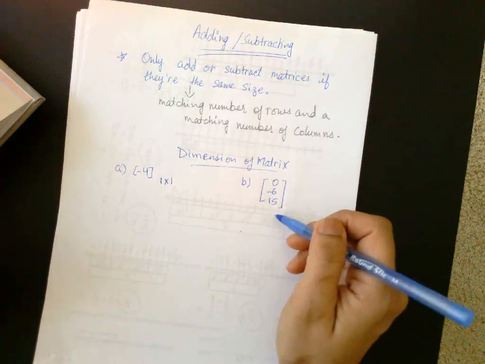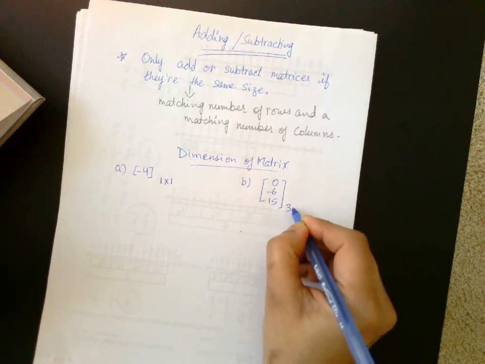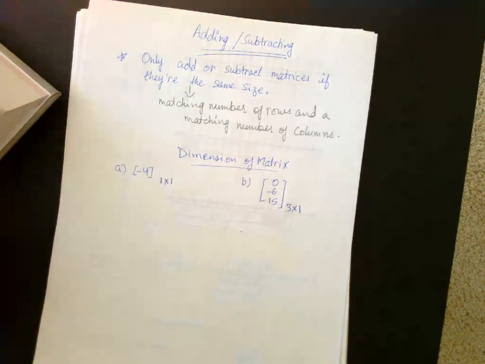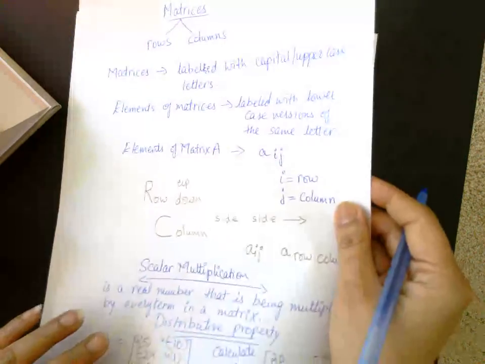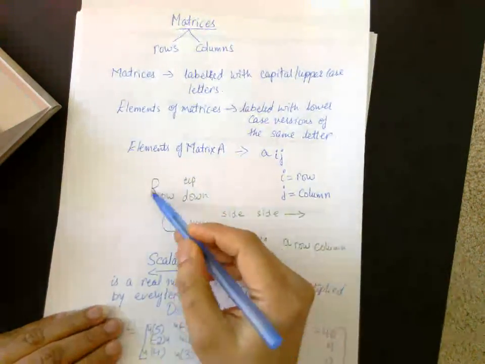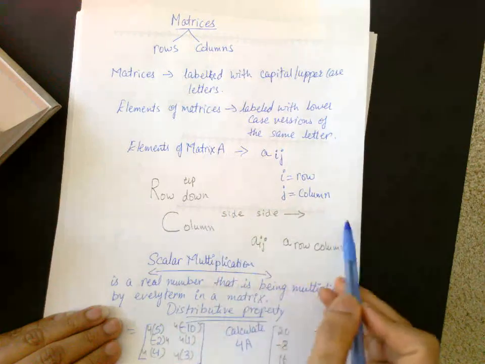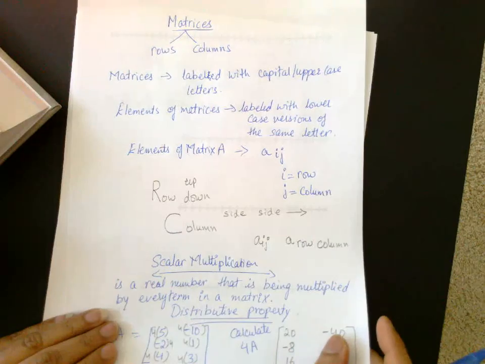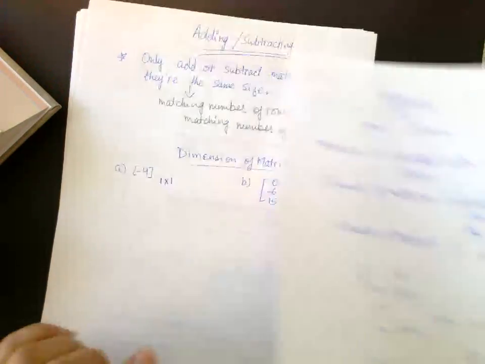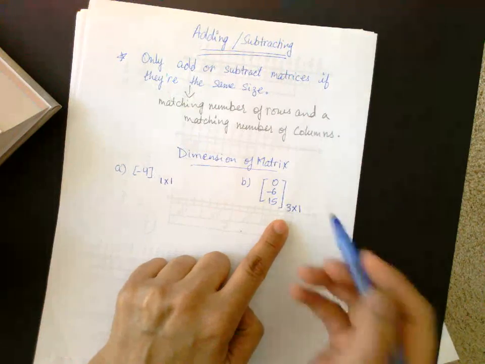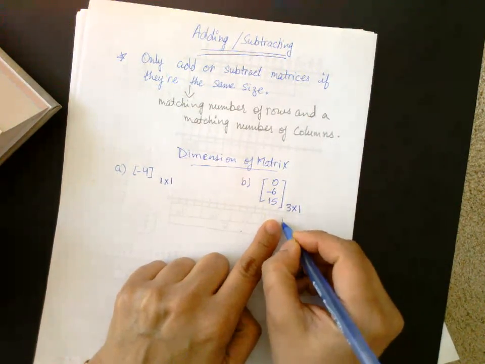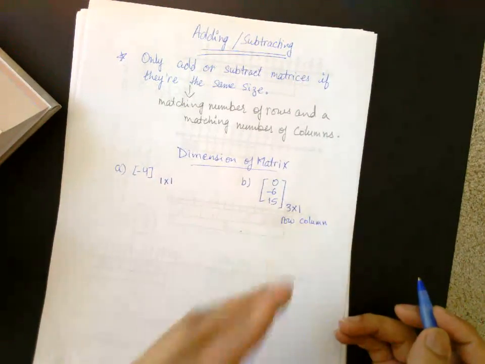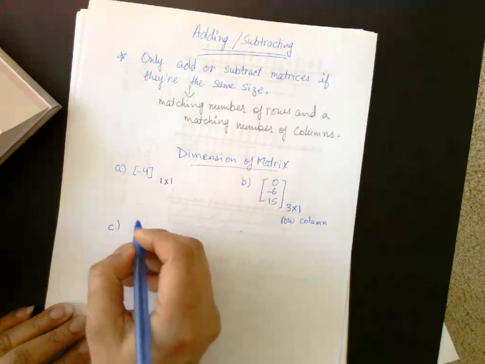Up and down is row, right? So 3 times 1. That's why I asked you to understand what is a row and column really well. Row is up, down. Column is side. This is row and this is column.